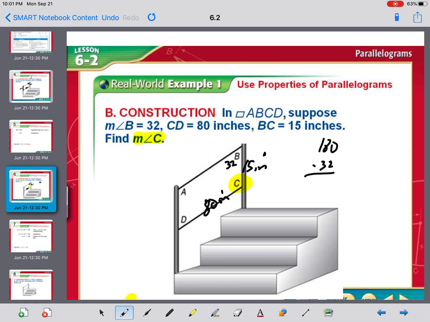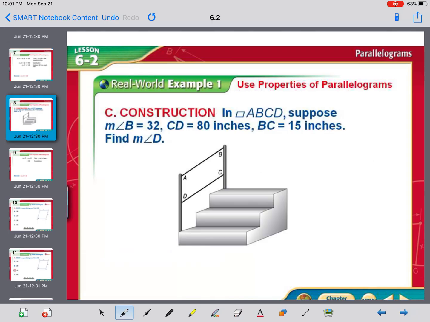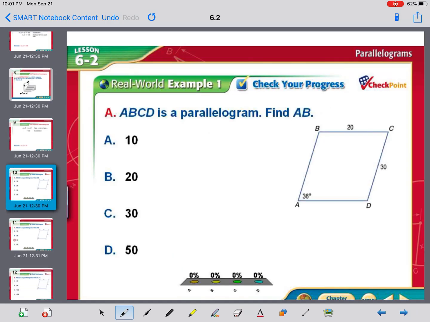So since you got one that's 32, if you subtract, you got 148. Same picture, same thing. This time they're asking us for angle D. Since this is 32, if you remember from our original picture, opposite angles are congruent, so the measure of angle D is 32.